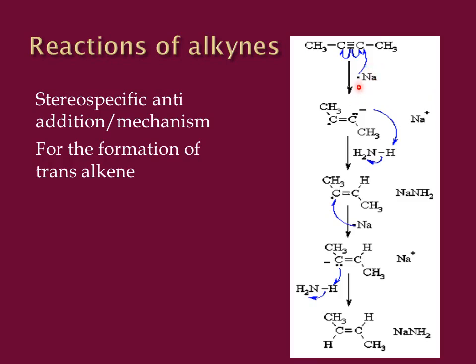The electron from the sodium and one of the electrons from the broken pi bond is going to make a negative charge on this carbon atom, a pair of electrons. The second electron of the pi bond is going to reside on the next carbon atom as a radical.